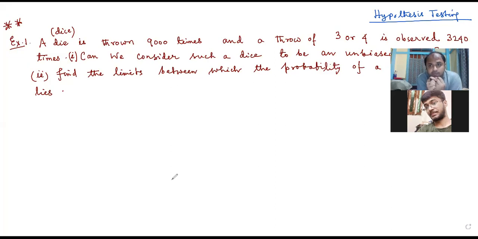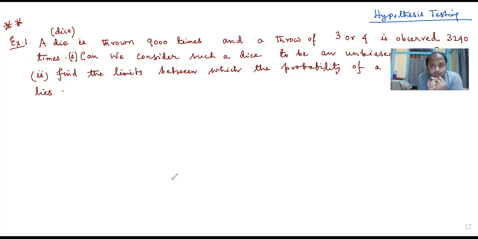Before I start solving this problem, you see that the problem in front of you is a hypothetical problem, because with the help of some software, or hypothetically, you are assuming that you have a die and the chance of throwing that die 9,000 times, and you observe that in these 9,000 throws, the face 3 or face 4 appears 3,240 times out of 9,000 times.